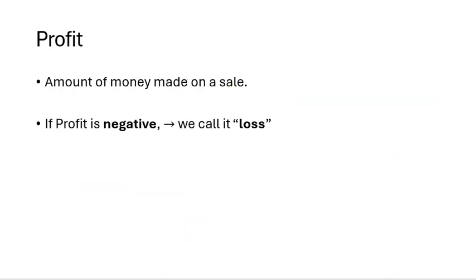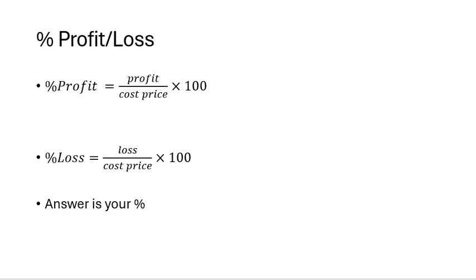Right. Profit is the amount of profit made on the sale. If profit is negative, we call it a loss. You should know what that is. Okay. Now, these formulas are very important: percentage profit, percentage loss. You just type it in exactly how it is. Obviously, because we're dealing with how much you bought it for, just remember, cost price just means how much you bought it for.